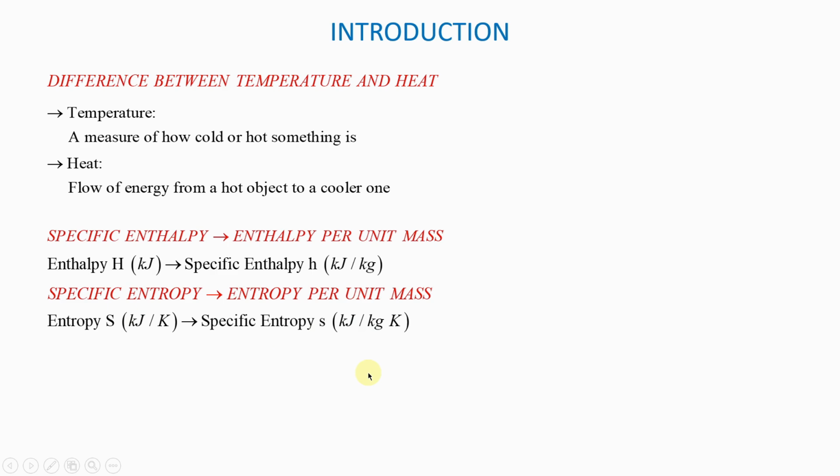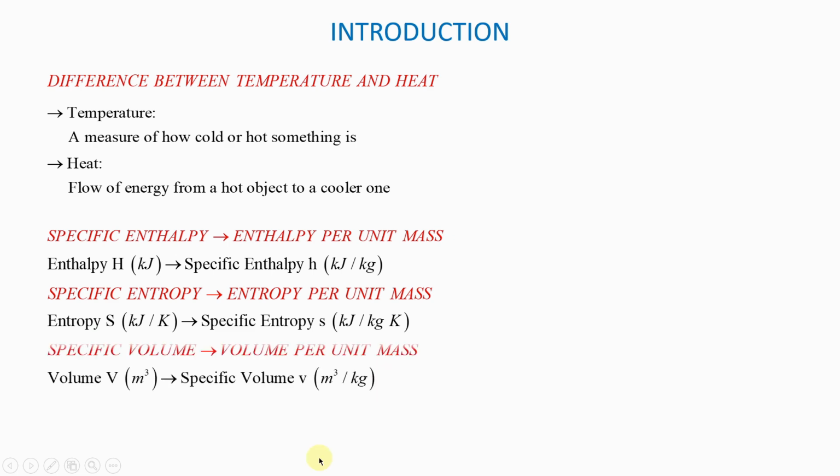What I want you to notice is that when we deal with specifics, we divide by the mass. And also the symbol that we use moves from being a capital letter to being a small letter. Very important. One last example could be specific volume. Specific volume, again, will be volume per unit mass.